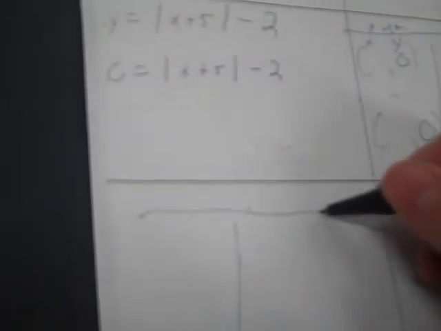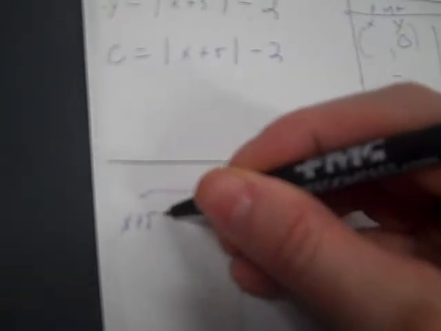Now you're going to make your table with x plus 5 equals and x plus 5 equals, but you have to undo that operation outside of your absolute value. So you're going to add 2 to 0. That's 2. Okay, so 2 equals the absolute value of x plus 5. So I can be at 2 or -2. So when I minus 5, that's -3. And when I minus 5, that's -7.